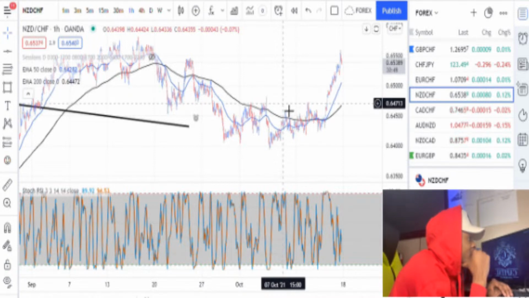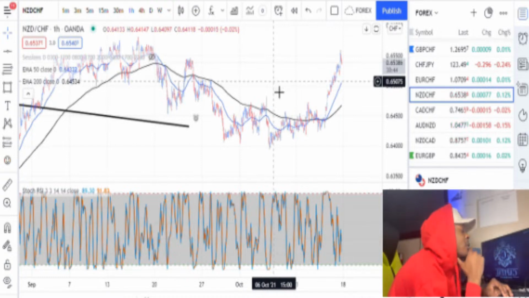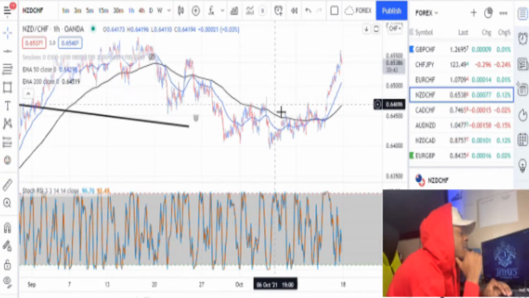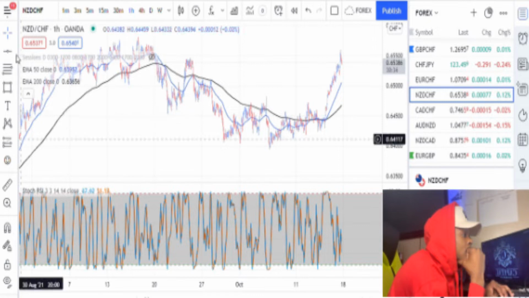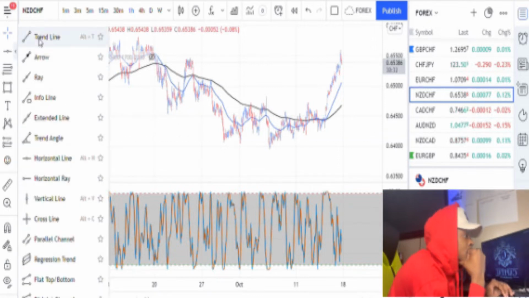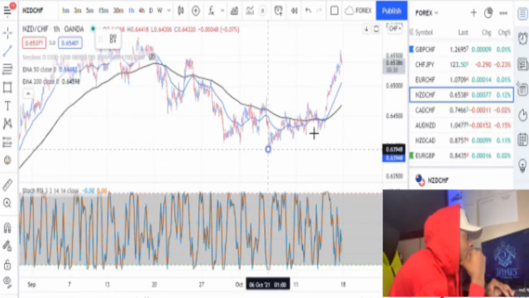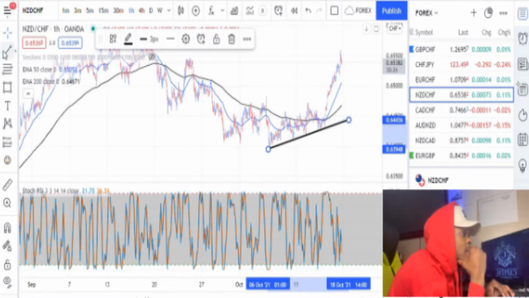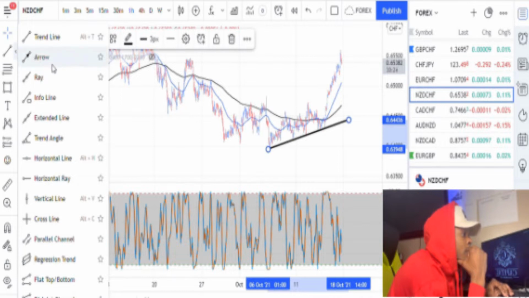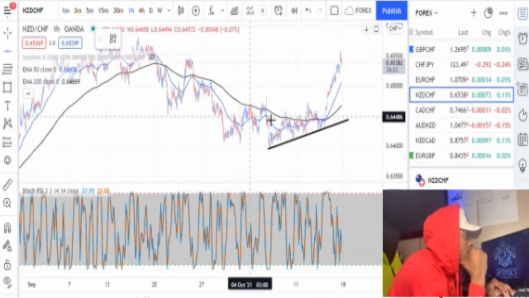But this could be a good trade. Only thing is, I don't know what level of retest I'm looking at, because it broke this level. So we got an uptrend. Boom. We've acknowledged that. It broke this level.